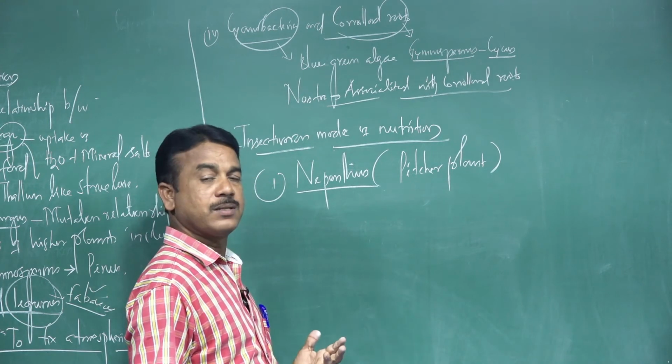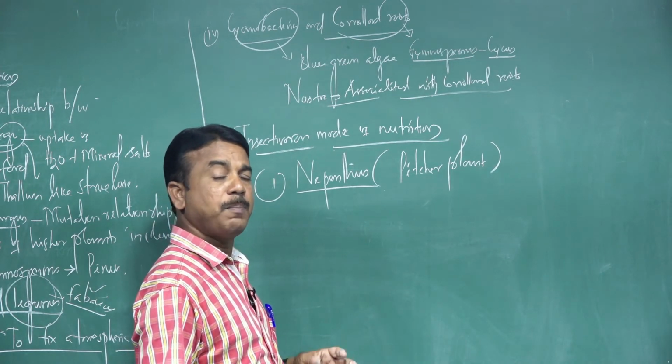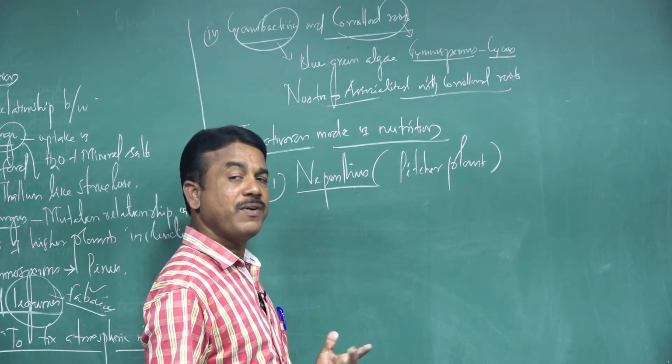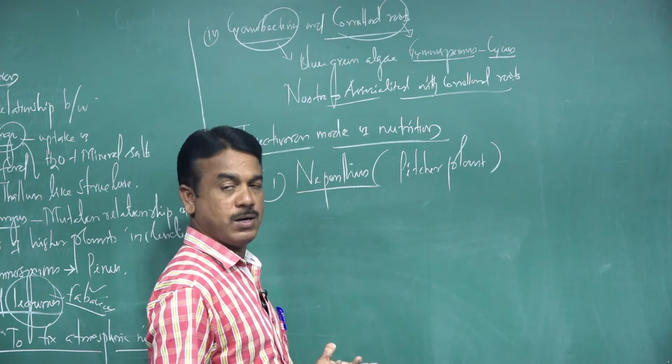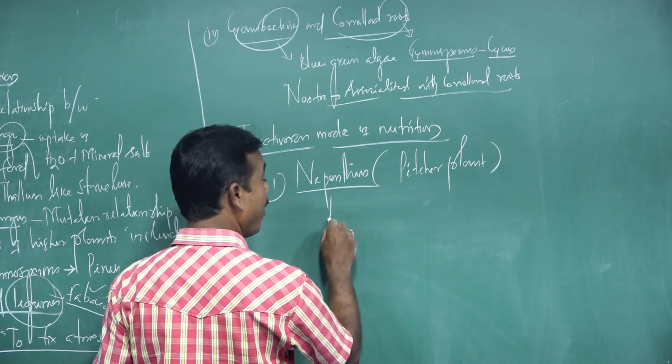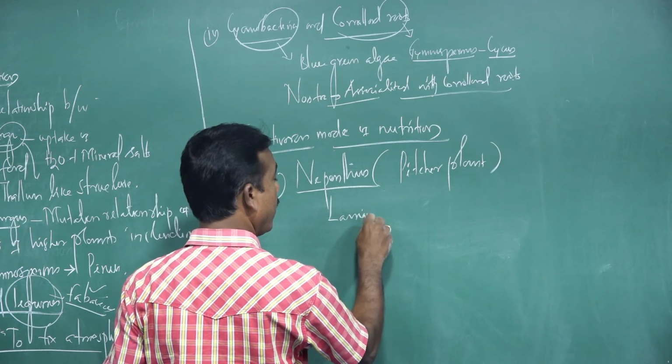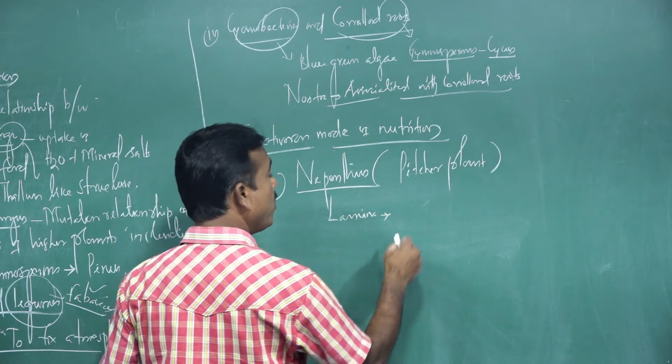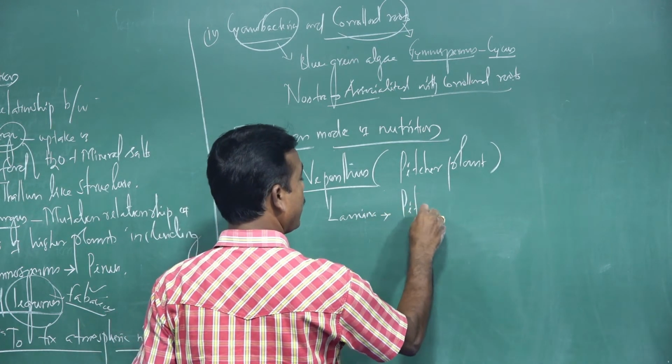In Nepenthes, the plant part that is modified into the pitcher is the lamina.